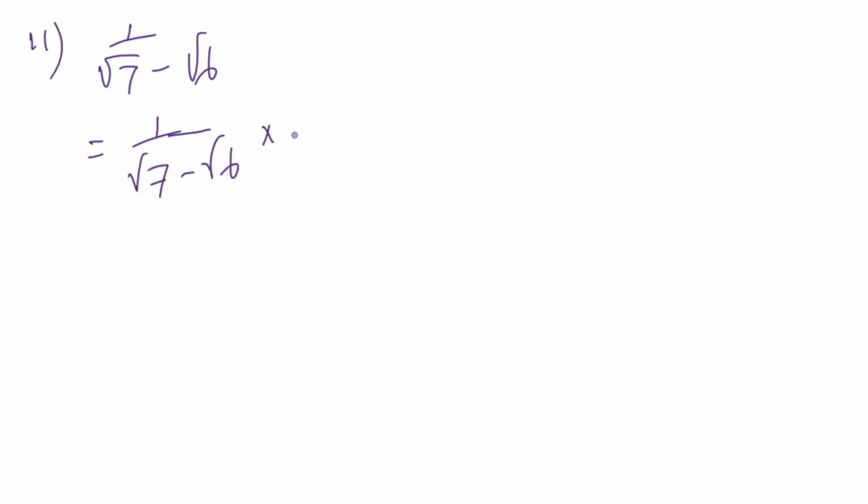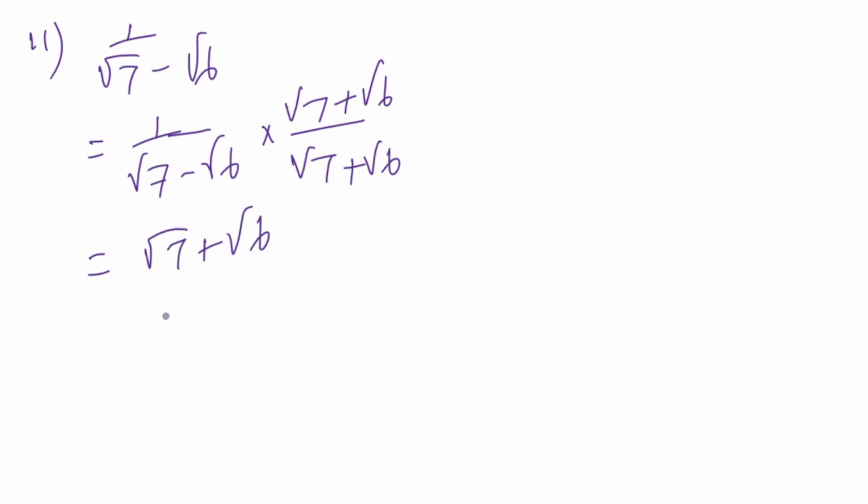I'll multiply by root 7 plus root 6 in both numerator and denominator. With 1 in the numerator it remains the same, but in the denominator, root 7 minus root 6 times root 7 plus root 6, we know the rules. With root 7 I have to multiply both, and again with minus root 6 I have to multiply both. This is one of the rules.